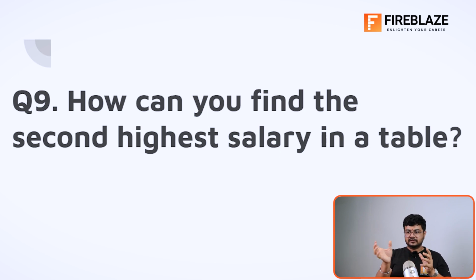What this will do is the maximum salary that is selected over here, this query will retrieve all the values that are less than that, and whenever you find the maximum salary from those retrieved values, it will actually be the second highest salary from the actual table. So this is how you answer this question. But again, don't worry, you won't have to solve it orally. You will have to write it down, which makes it easier for you rather than explaining this orally.